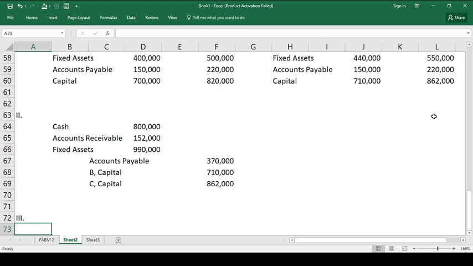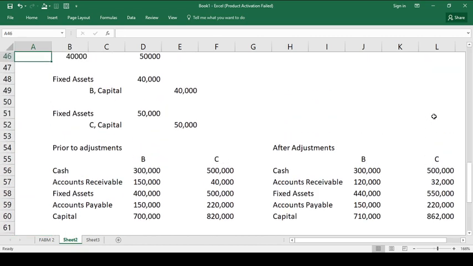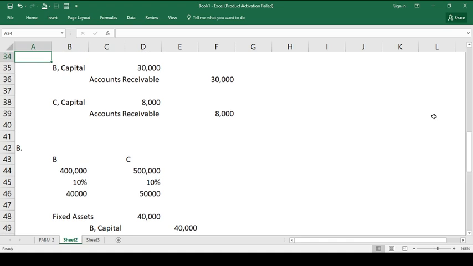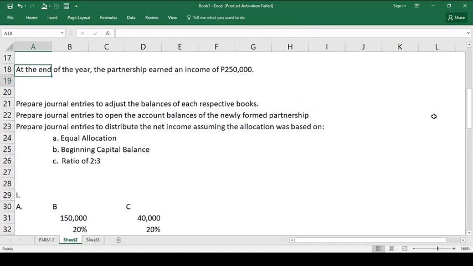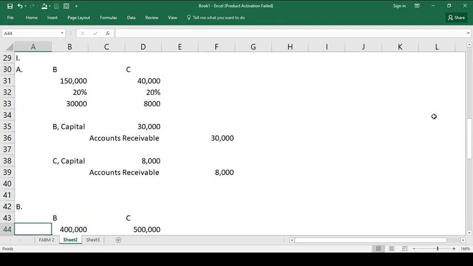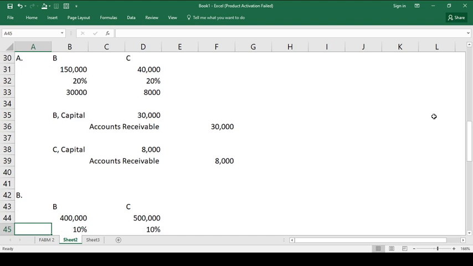Tanong, magkano yung net income natin? Sabi sa problem, balik po natin sa taas. The net income is 250, and it may be allocated by equal allocation, based on beginning capital balances, and based on a ratio of 2:3.